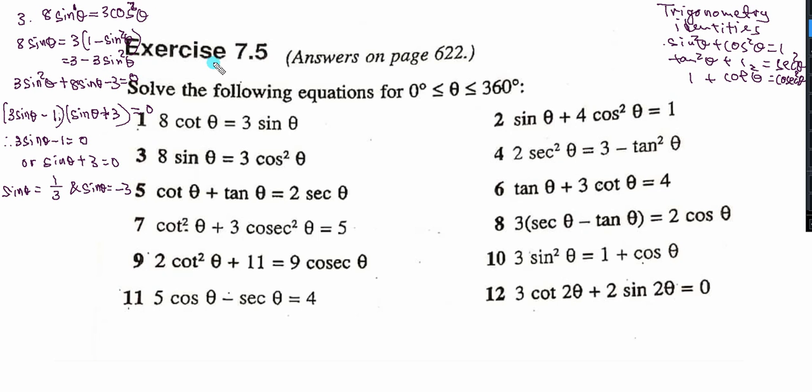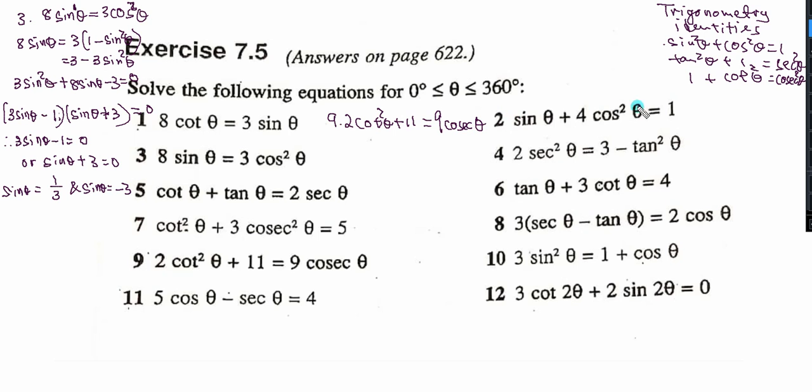Now let's look at question number 9. Here, question number 9: 2 cotangent squared theta plus 11 equal to 9 cosecant theta. Now remember I said you always convert the term with the square to cosecant.